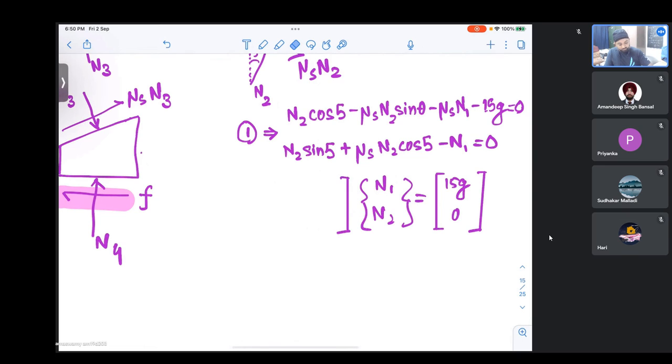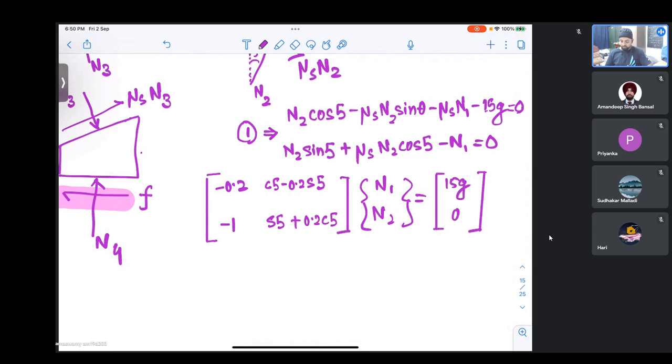Let me draw this a little bigger. Then for N2 it is cos phi minus 0.2 sin phi. In the second equation, N1 has coefficient minus 1, and the coefficients of N2 are sin phi plus 0.2 cos phi.